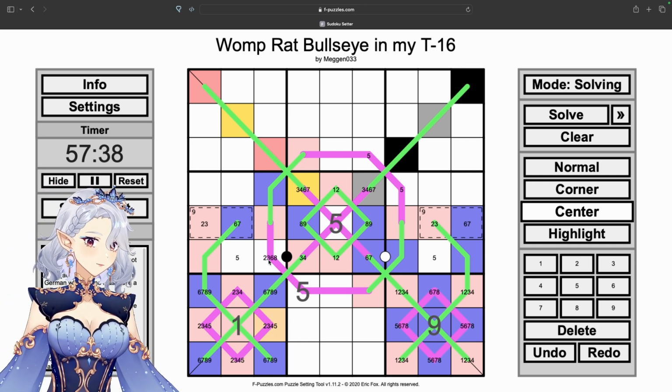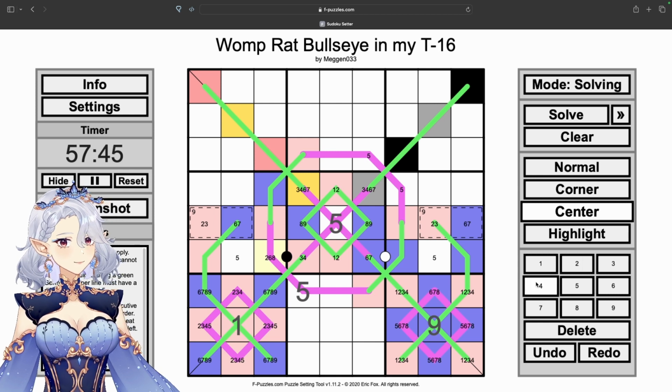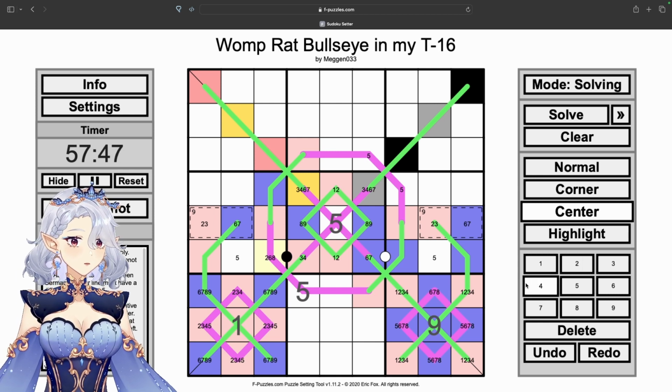I know something more about this one here. So this cannot be 3. This is not much, but it's still something.